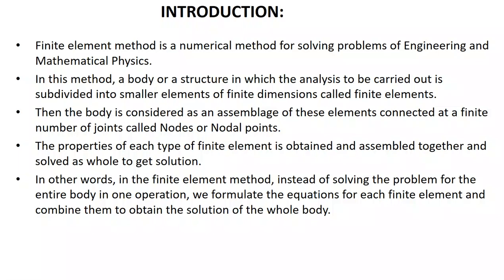Then the body is considered as an assemblage of these elements connected at a finite number of joints called nodes or node points. Initially the structure is converted into small portions. Then the small portions are assembled together. That is called an assemblage. Once we assemble, the structure is converted into a finite element model.